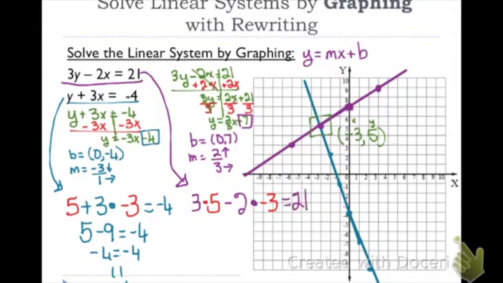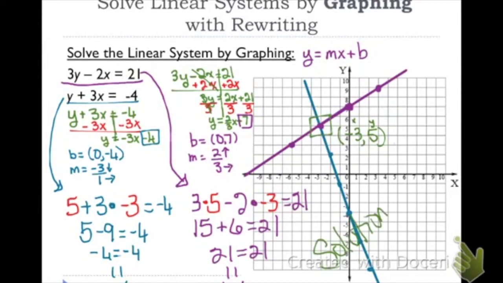All right, let's see if this is. We have 15. Negative 2 times negative 3 is 6. And 21 equals 21. It does indeed. So my solution is negative 3, 5.